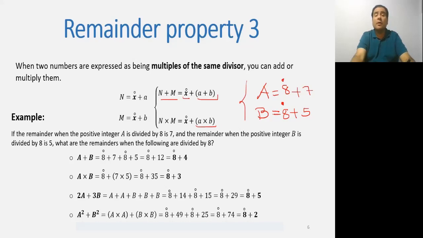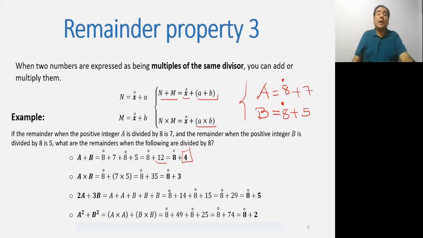A multiple of 8 plus 7 plus a multiple of 8 plus 5. So you just add the remainders, which is 12. And from this, you can split the 12 into an 8 and a 4. So the final remainder would be 4, right? a plus b, when you divide it by 8, has a remainder of 4.